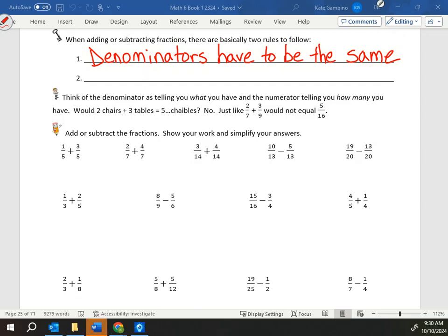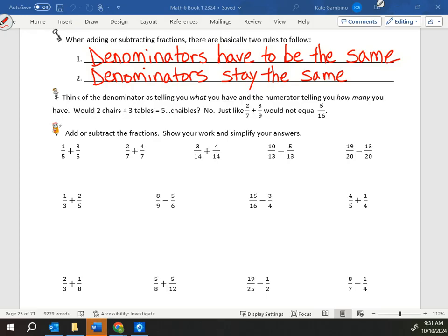Our second rule is when we are adding or subtracting, those denominators stay the same. Every year I have students who want to add or subtract to those denominators. No. Once you get that denominator to be the same, it stays the same.